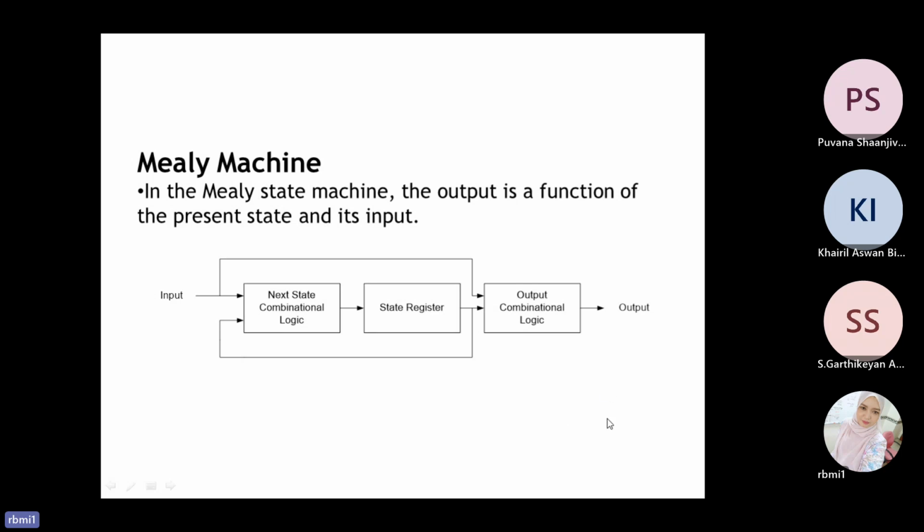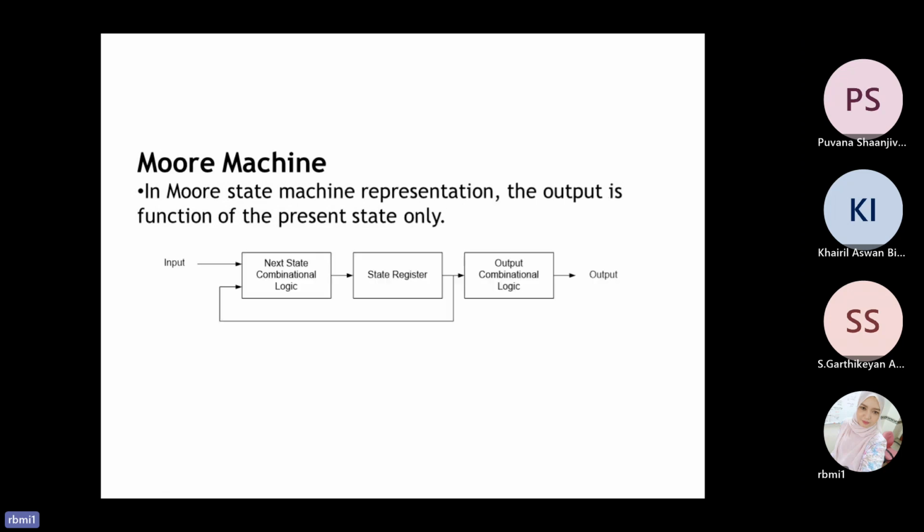Next one is the Moore machine. This is the block diagram of a Moore machine. The current output of the machine is solely determined by the current state.